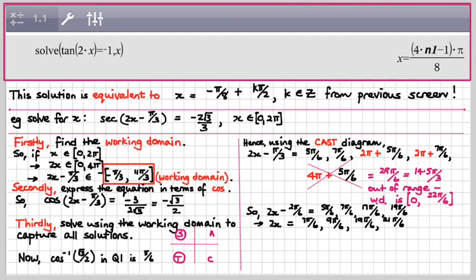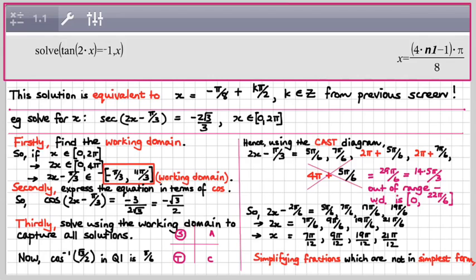Adding 2 pi on 6 or pi on 3 to both sides, you get that. Dividing by 2, you get that. And lastly, you would simplify by working out if there's any cancelling down that can be done. You can see there, that'll be 3 on 4. That won't do anything, that won't do anything. This one will, because 3 will go into both of them. So therefore you get that.